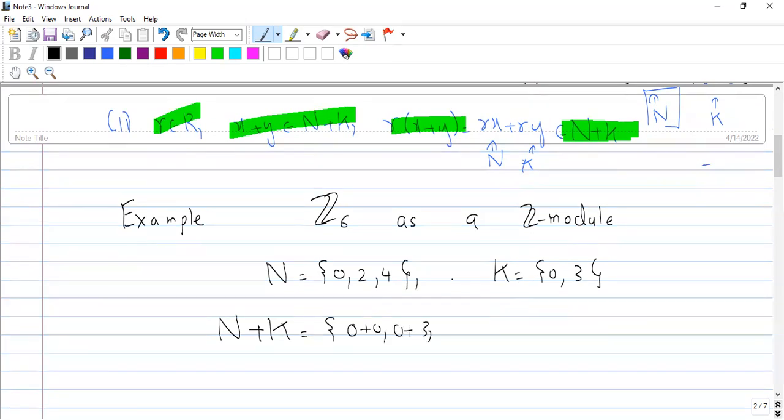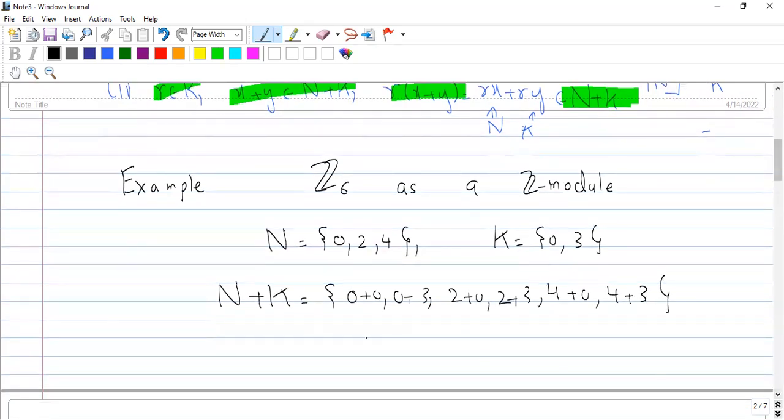You can add 2 with any element, so you get 2 plus 0 and 2 plus 3, and then 4 plus 0 and 4 plus 3. So this is equal to 0, 3, 2, 5, 4, and 4 plus 3 is 7, which is equal to 1. So one can see that the sum of the submodules is the whole module Z6. The sum of both submodules is equal to the whole of Z6. In this way you can take the sum of submodules.